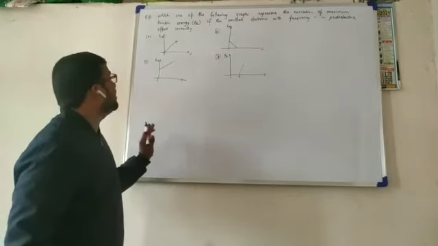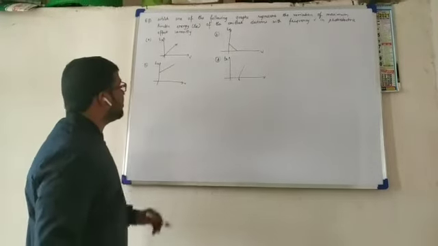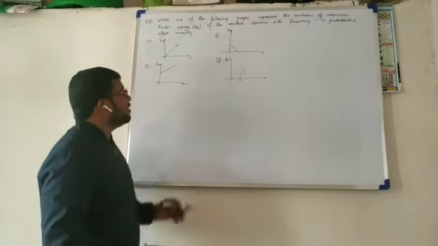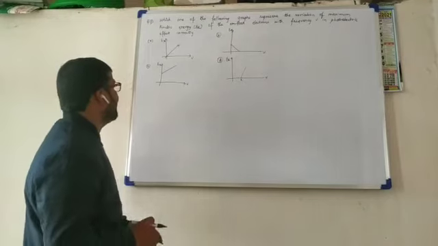So our third question is also a graphical question. Which one of the following graphs represents the variation of the maximum kinetic energy of the emitted electron with frequency nu in the photoelectric effect?